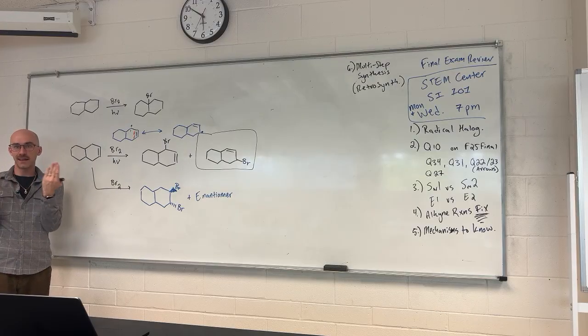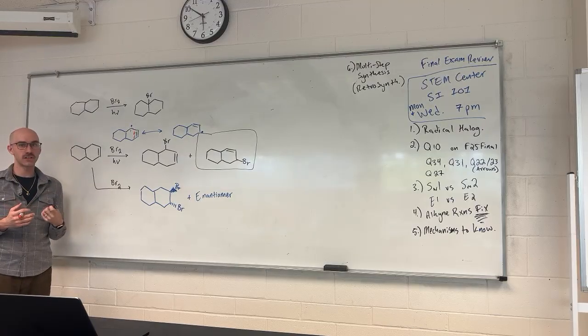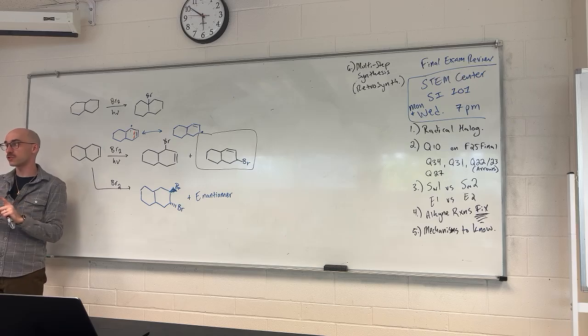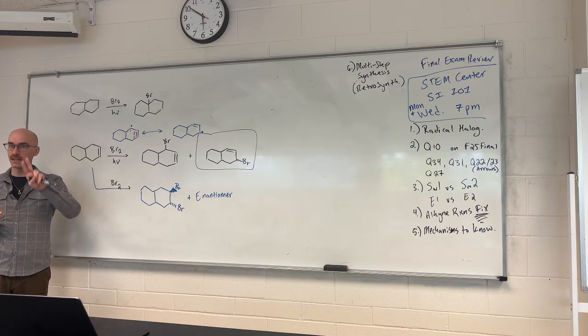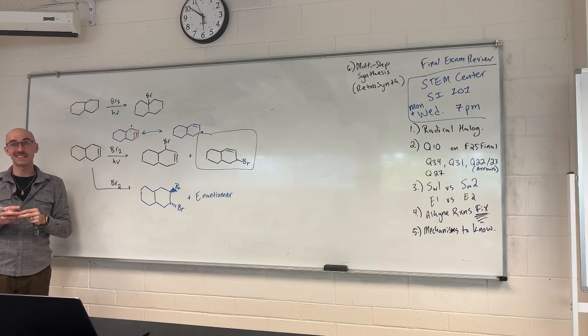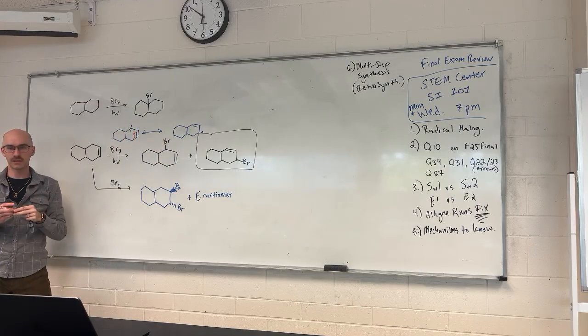We define that as conjugation, an uninterrupted series of p orbitals. And because of that conjugation, the pi bond is not just between two carbons, the pi bond is between all three. The pi electrons, the two electrons that make the pi bond, are there across all three atoms. And the radical is not just in one location, the radical is in two different locations.